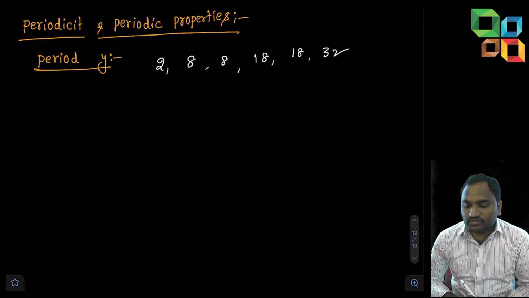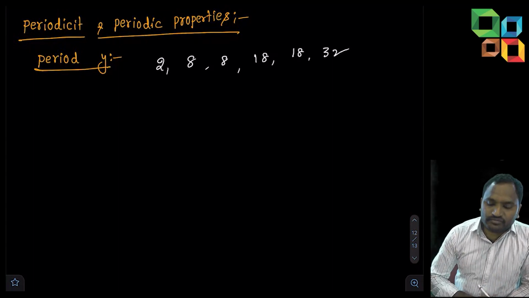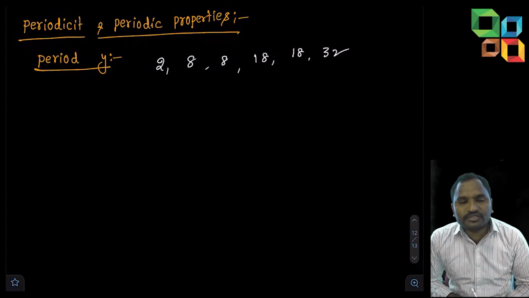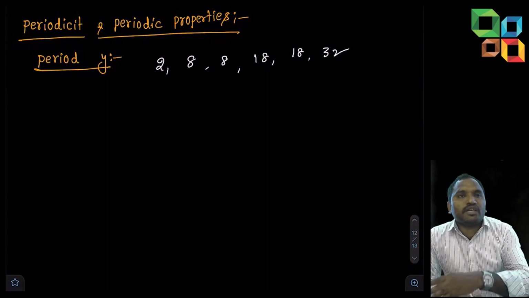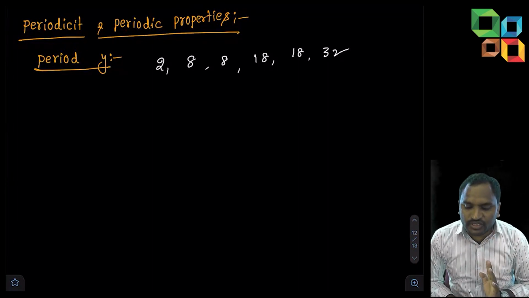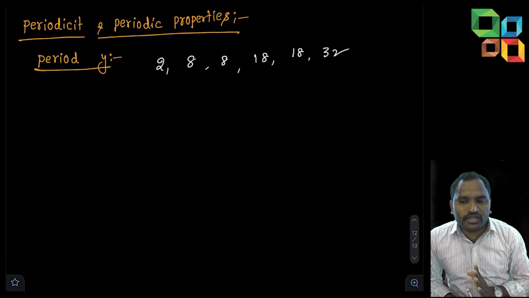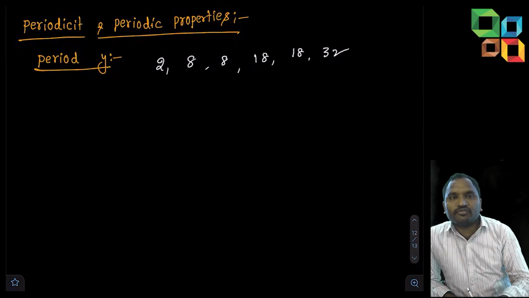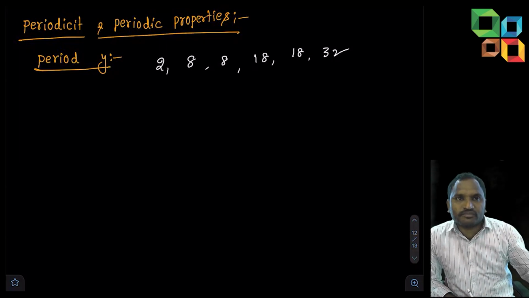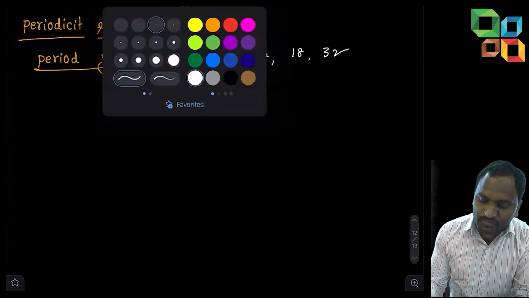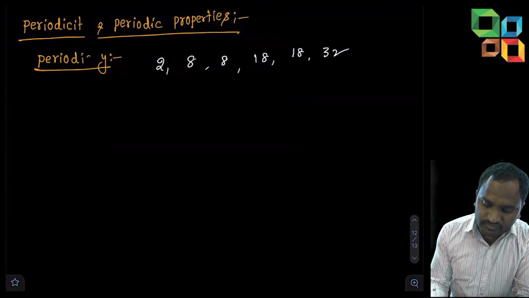After these regular intervals, properties of elements repeat, because elements get similar valence electronic configuration. What is the cause of periodicity? After certain intervals, valence electronic configuration repeats. Those elements having the same valence electronic configuration exhibit the same properties.